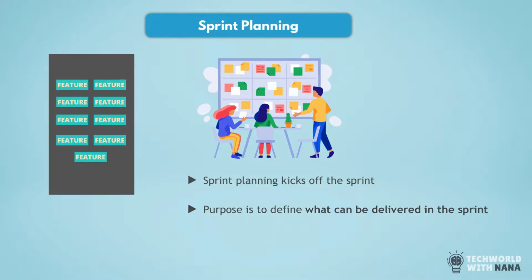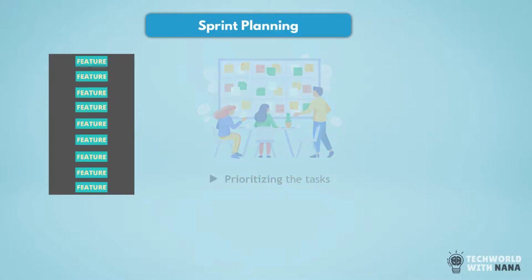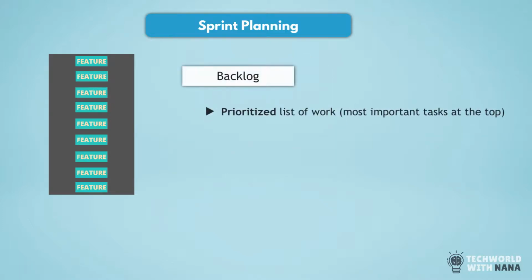So the list gets prioritized before each sprint to decide what are the most important next changes in the application for the customer that the development team can work on in the next sprint. And the list of tasks which the team prioritizes after each sprint is also called a backlog.